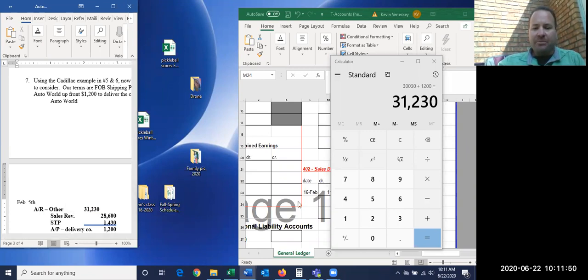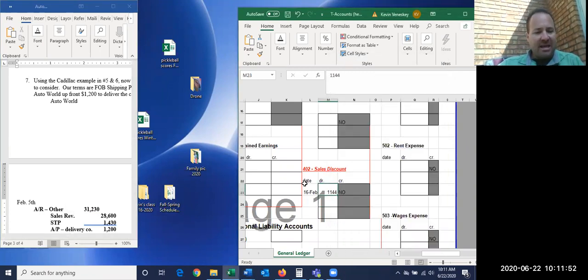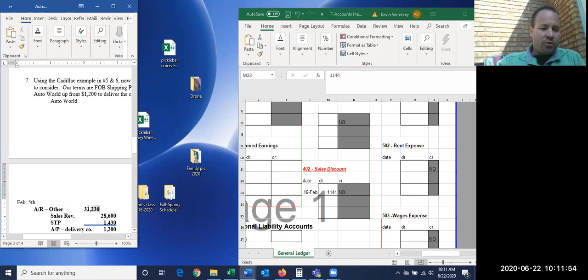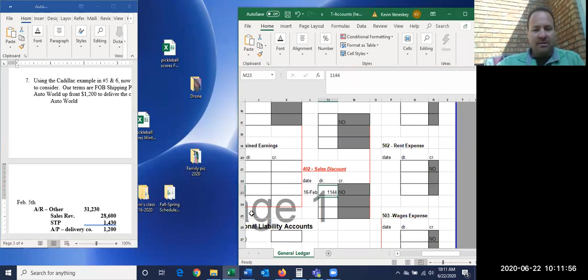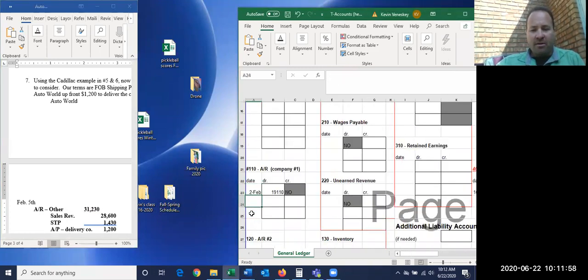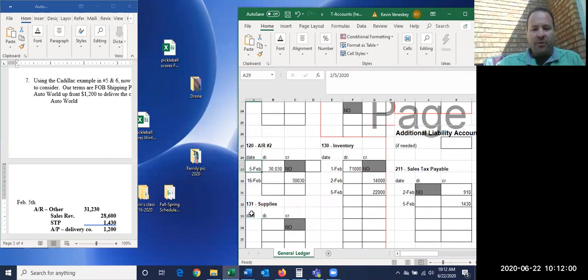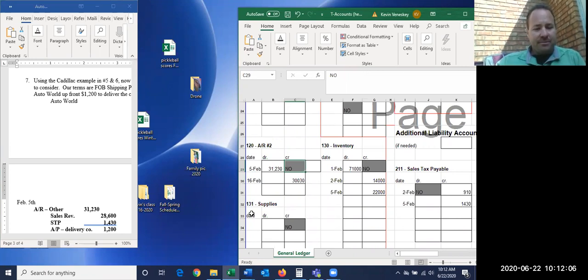So everything's the same, so I don't need to adjust anything except I need to increase my AR from 30,000 up to 31,230, if that's what really happened. And then you'll see that I'll change this in just a second.